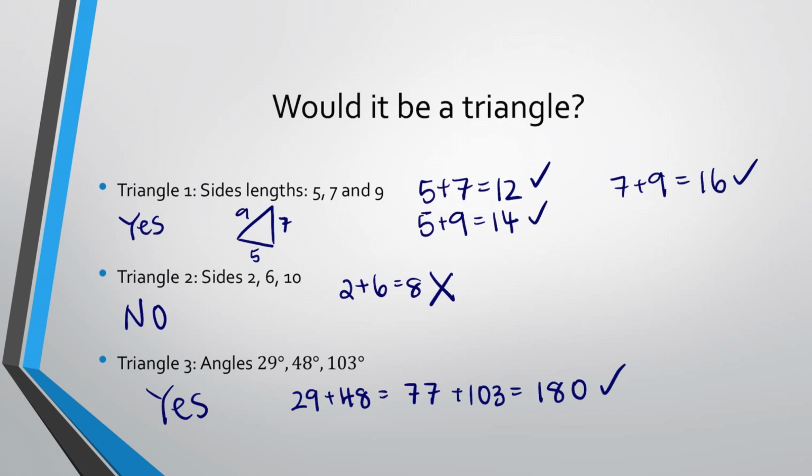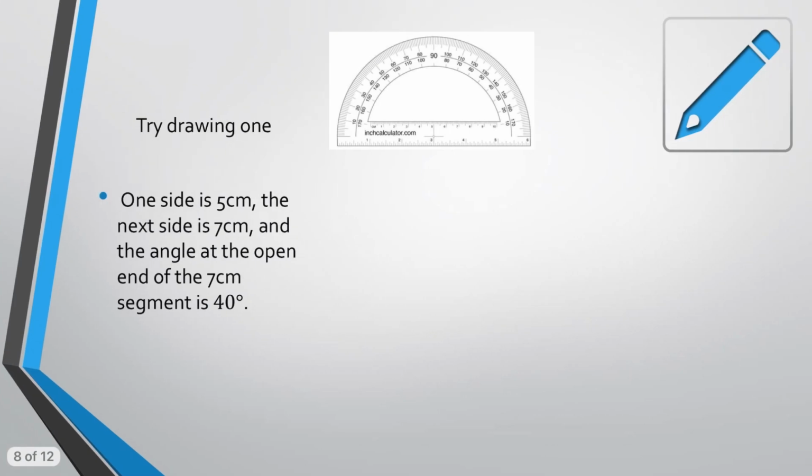This would be a triangle, and I'm going to just pretend like this is going to be 29 degrees. That's too big to be 29 degrees. 29 degrees, and this is 103 degrees, and then this would be like 48 degrees-ish. It would kind of look something like this. It's not exact. You can use the computer to make it more exact.